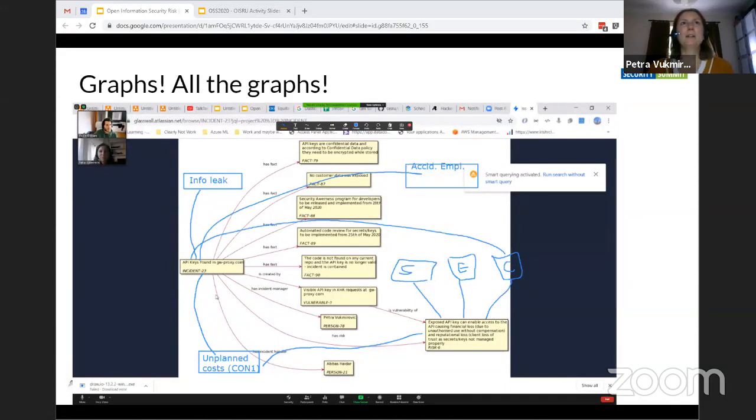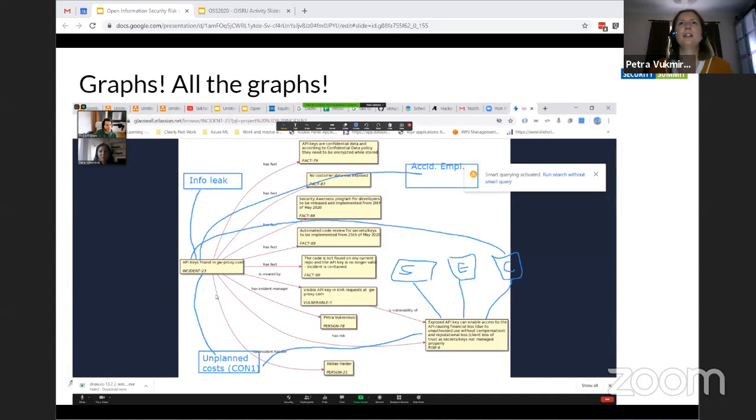This was a little brainstorming session that Robin and I had. This was an incident where you had a basic exposed on a website. And then we were thinking about where is the source, where is the event, where are the consequences?